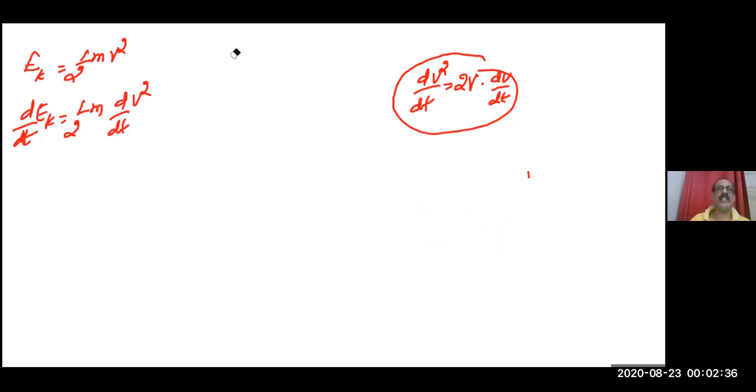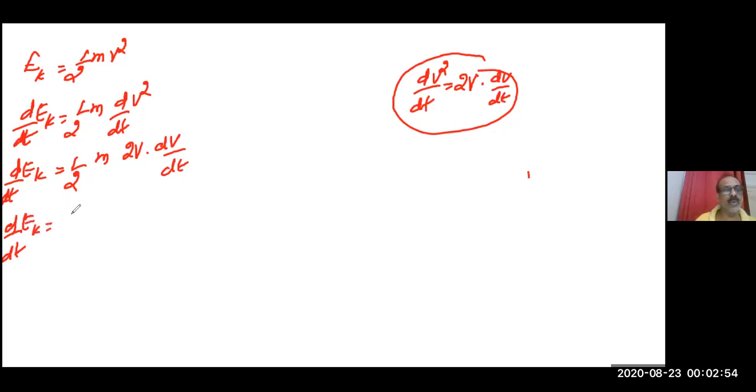So here I am writing d by dt of EK is equal to half m into 2v into dv by dt. Then d by dt of EK is equal to half m, this two cancel, so no half.